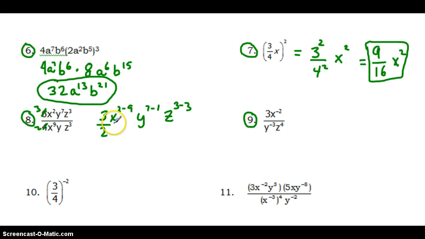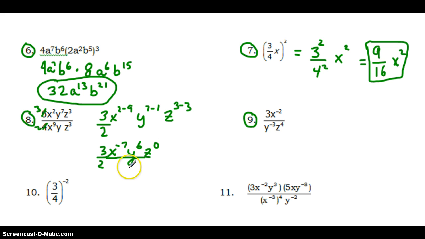I didn't mean to do that. So 3 over 2 can't be simplified anymore. Our x to the negative 7, I'm going to write it first on the numerator, then we'll talk about what we do with a negative exponent. And then y to the 7 minus 1 will be y to the 6. And then z to the 3 minus 3 is z to the 0.